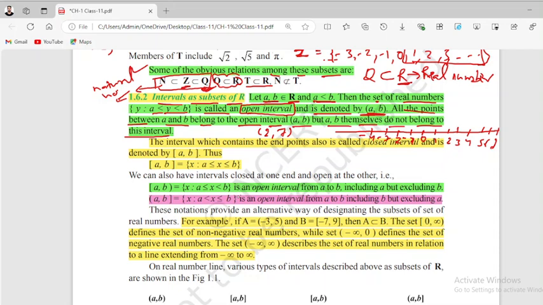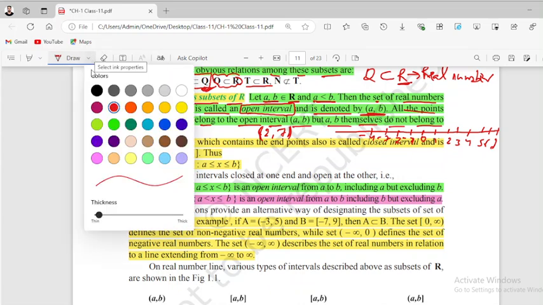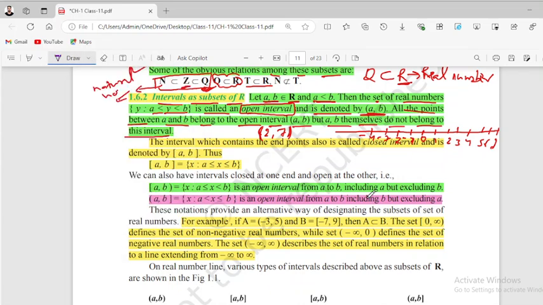If this interval is represented in the small braces, we can say this interval includes the values between these values.